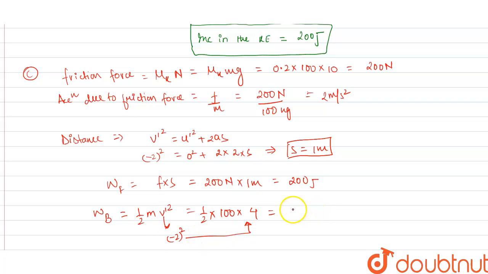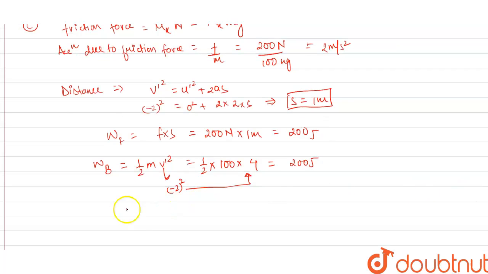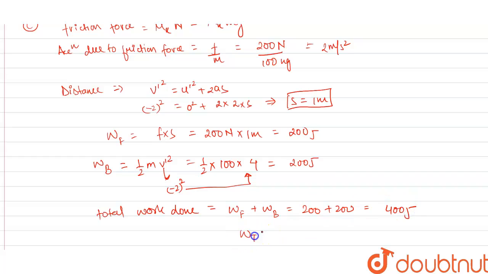From here we get 200 joules. So the total work done is work done by the friction plus work done by the belt, which is 200 plus 200, or 400 joules. So our total work is 400 joules.